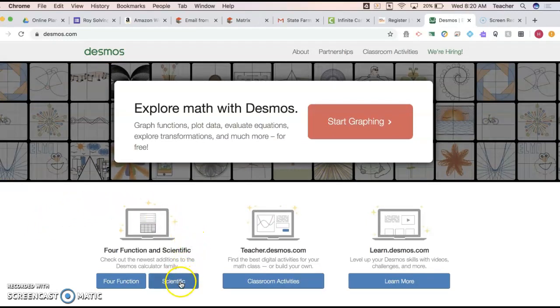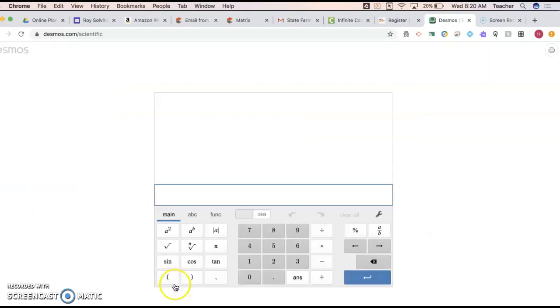We're going to click right here where it says scientific. And this scientific calculator has buttons for the sine, cosine, and tangent. So we're trying to figure out 17 times the sine of 65. Just type all that in, and it's telling me that 17 times the sine of 65 is about 15.4.